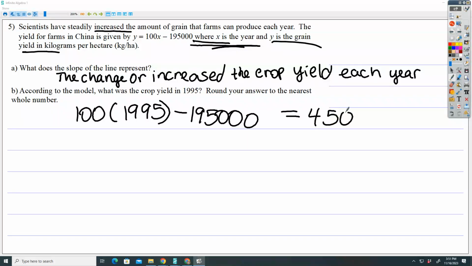And luckily, this comes out to a whole number. So it's 4,500 kilograms per hectare. And I got that label from right here. That's the crop yield.